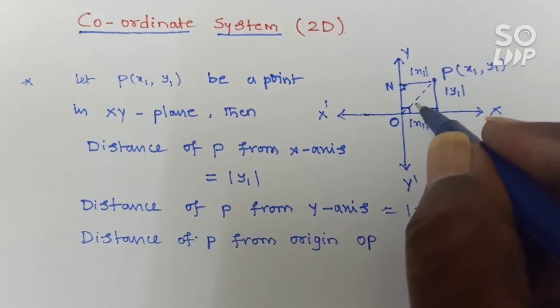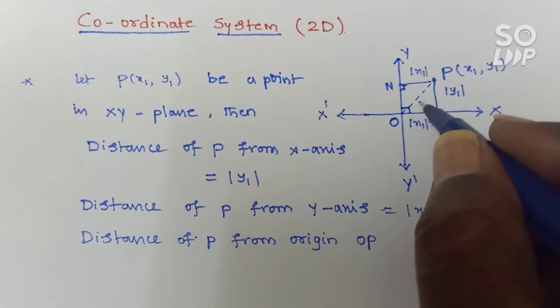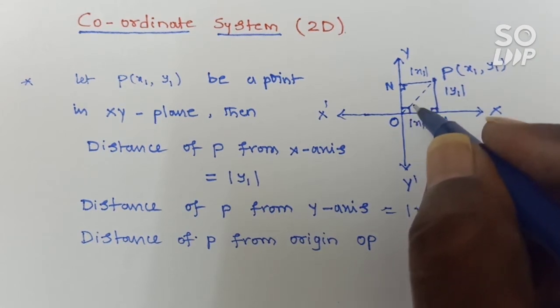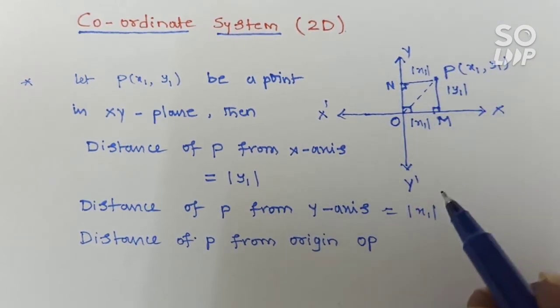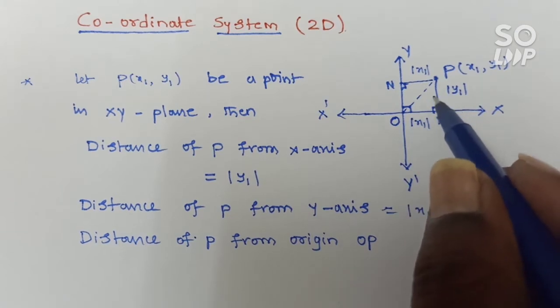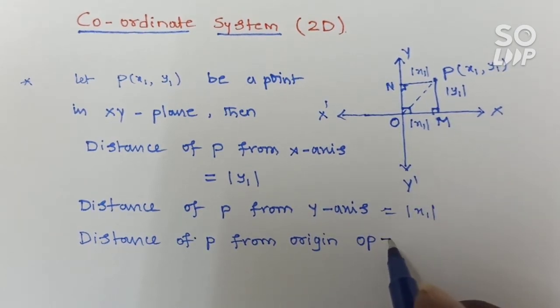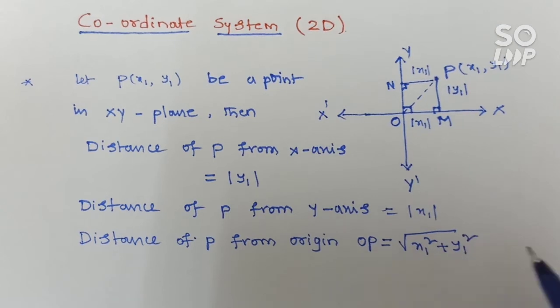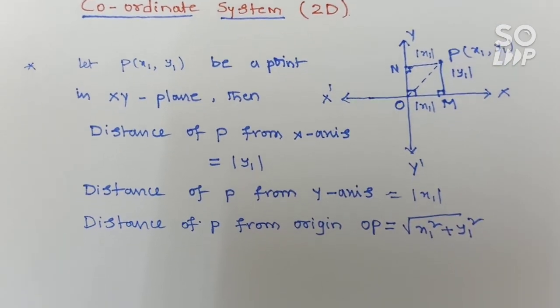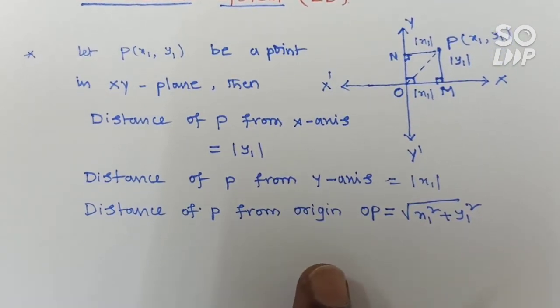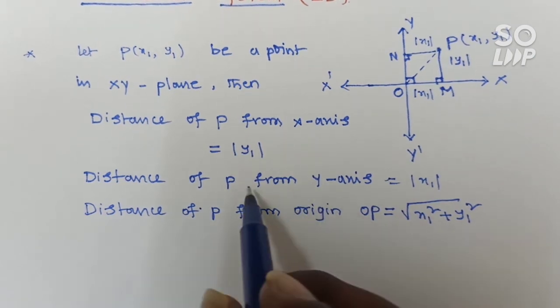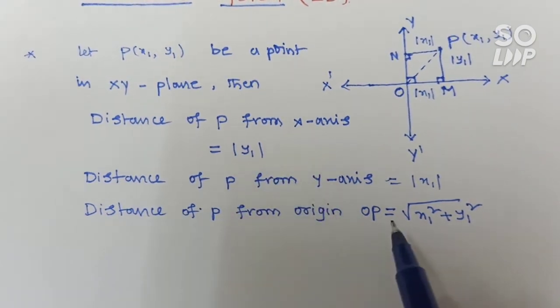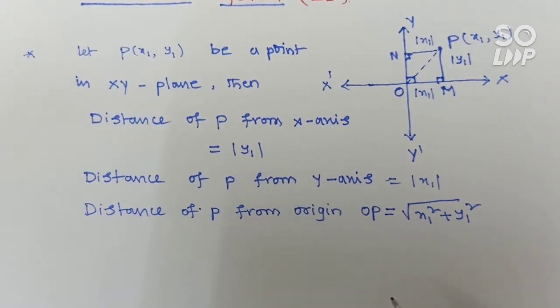So now we want OP, which is the hypotenuse. According to the Pythagoras theorem, OP is equal to square root of x1 square plus y1 square. So this is the distance of the point P from the coordinate axes and from the origin.